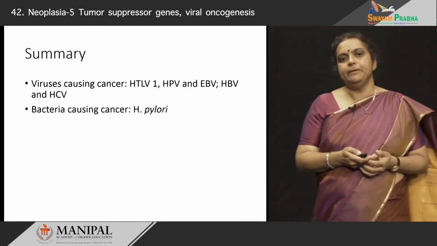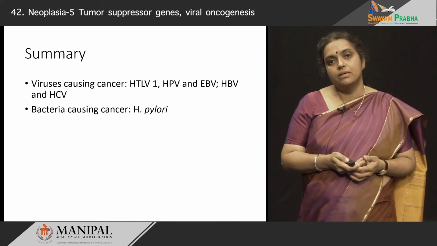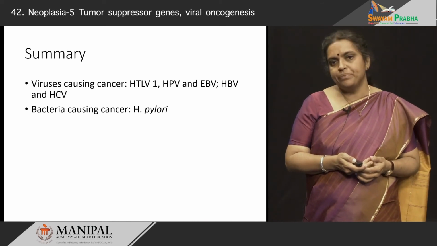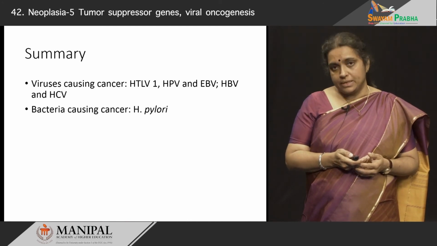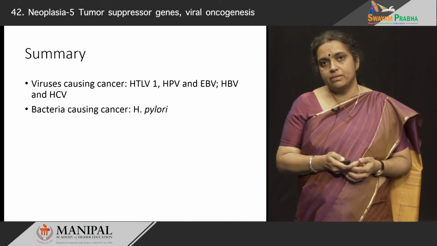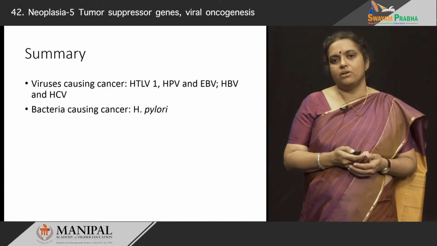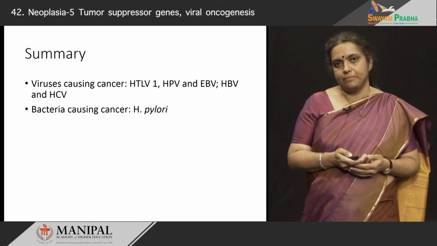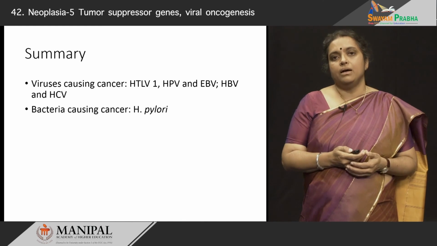So, in summary, the viruses causing cancers, the most important ones are HPV and EBV, and rarely HTLV1, and hepatitis viruses that are known to be implicated in hepatocellular carcinomas, and the most important bacteria that can cause cancer is H. pylori, and they have different mechanisms of carcinogenesis.